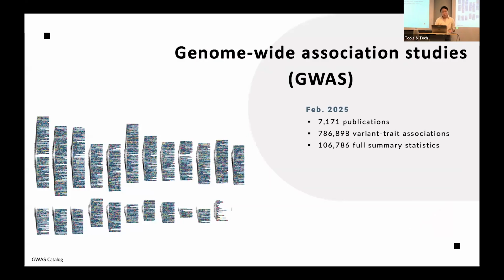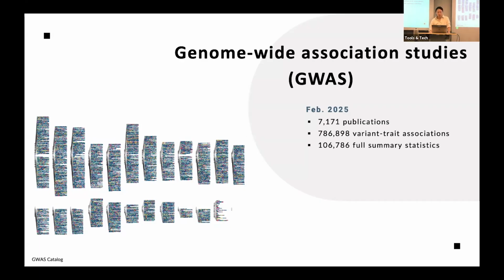So very broadly speaking, my research interest focuses on genome-wide association studies, or GWAS, but given the audience, I don't think I'll have to explain what GWAS is in full detail. Just as a quick reminder, it is a statistical way to identify the loci that are associated with common complex traits and diseases.